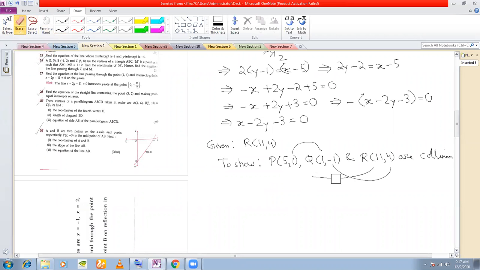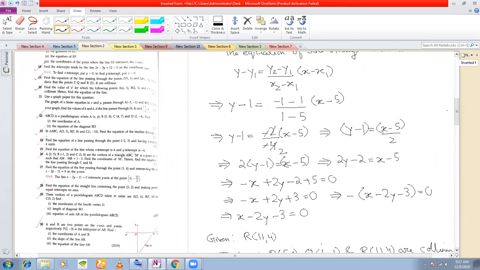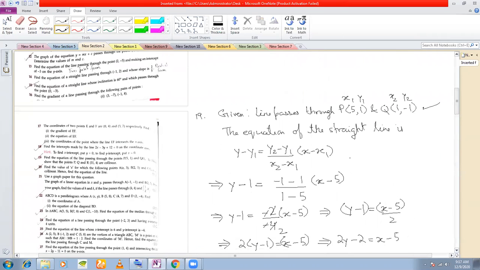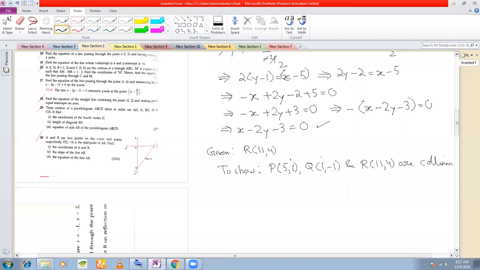But here, if you see above, I have already found out the equation of the straight line through P and Q. In the first part of the question, I have already found out the equation of the straight line passing through P and Q. So I have chosen these two, and I have found out the equation of the straight line passing through these 2 points. So I'll write this down.